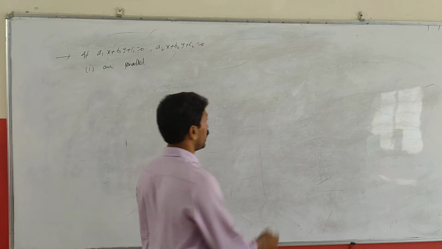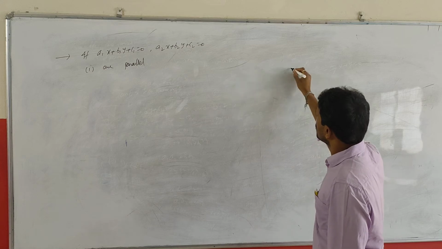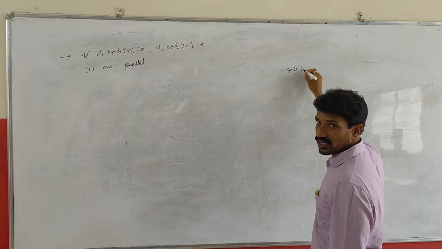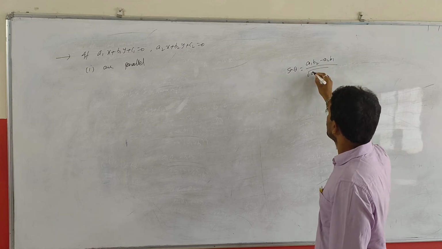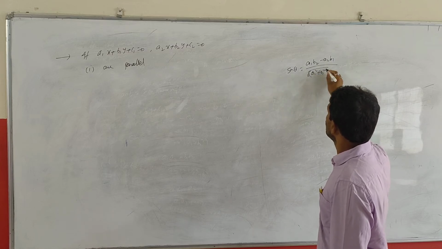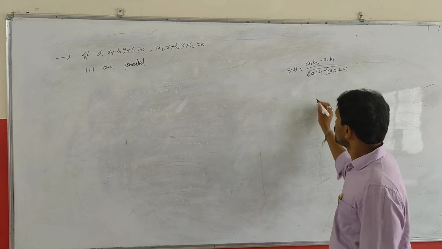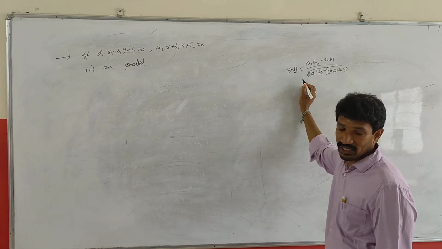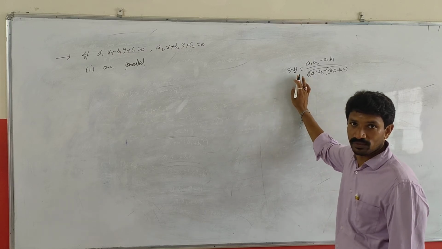Parallel means what can you write? Sin theta, whose formula is a1 b2 minus a2 b1 by root over (a1 square plus b1 square)(a2 square plus b2 square). Parallel means theta is equal to 0, and sin 0 is equal to 0.